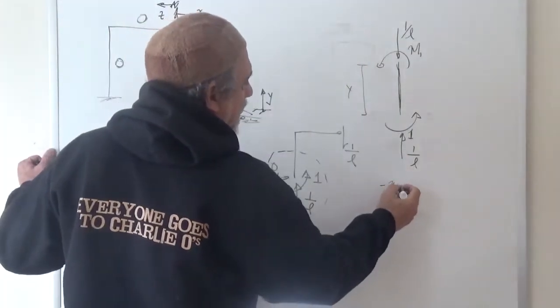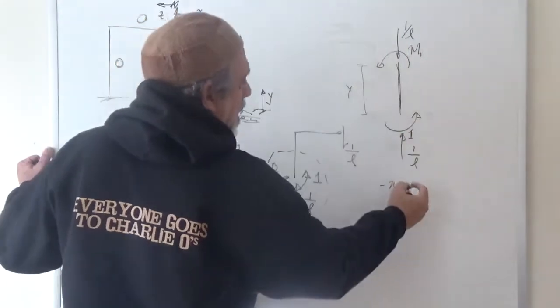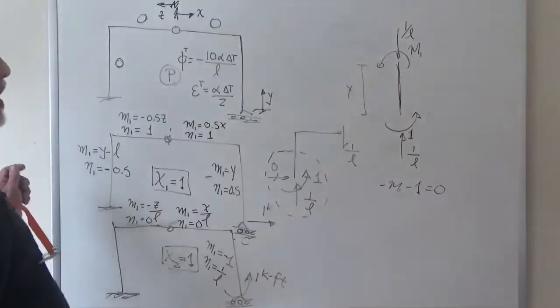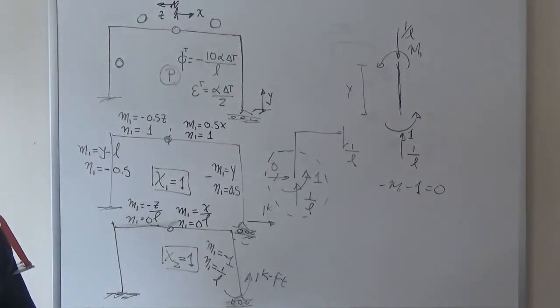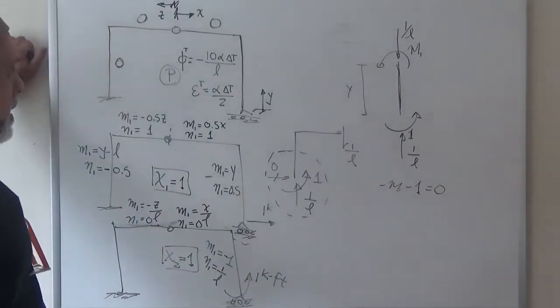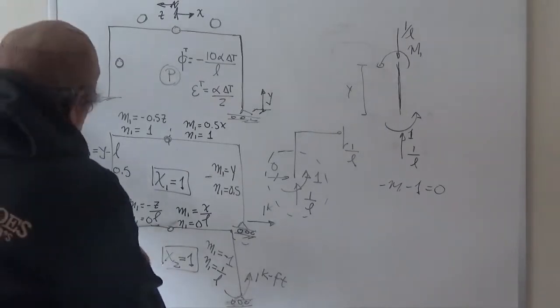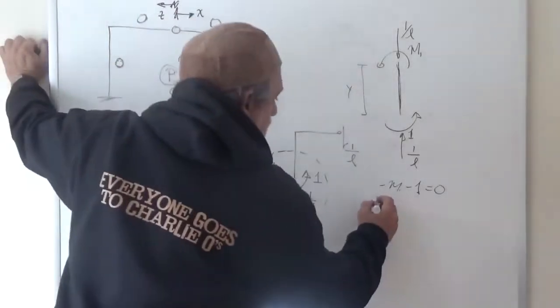Summing moments, we have minus m1, minus 1 equal to 0, and therefore m1 is equal to minus 1, right? And so we have here m1, well, I shouldn't say, let me just write it down.